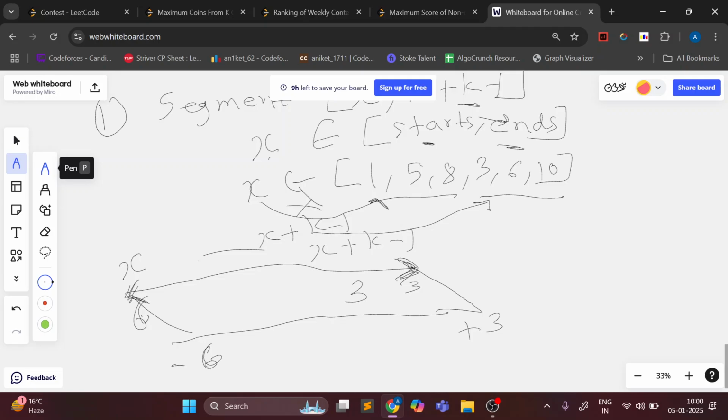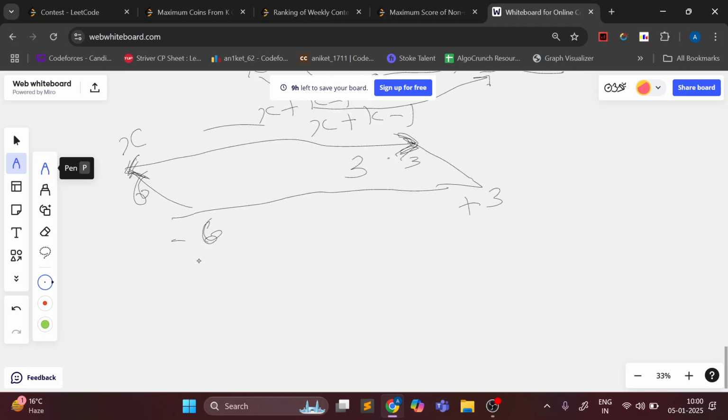Now if this was greater, let's say this was 6 and this was 7, I will obviously move forward, adding a score of 7 and decreasing a score of 6. But I will keep moving forward until the end is an interval's end.